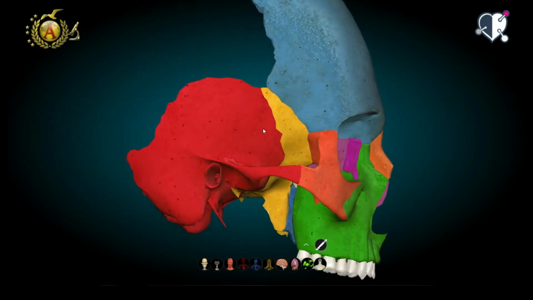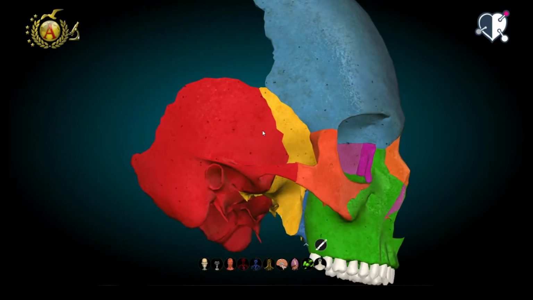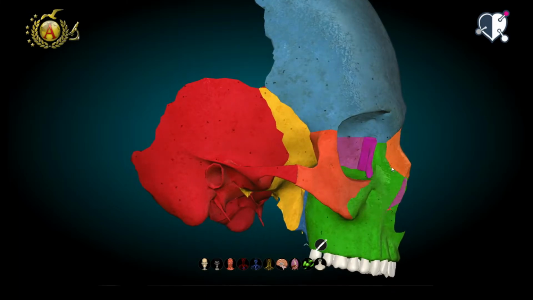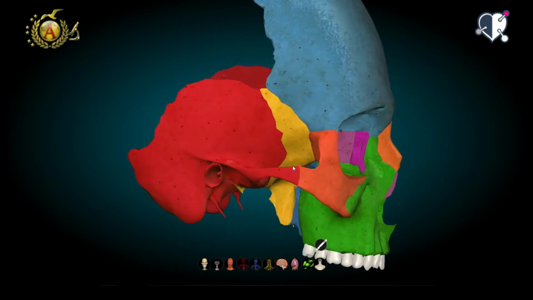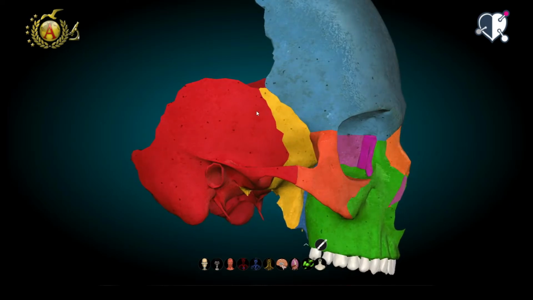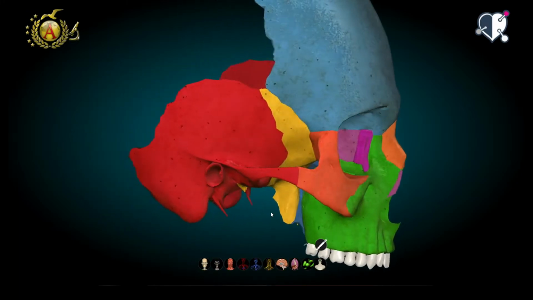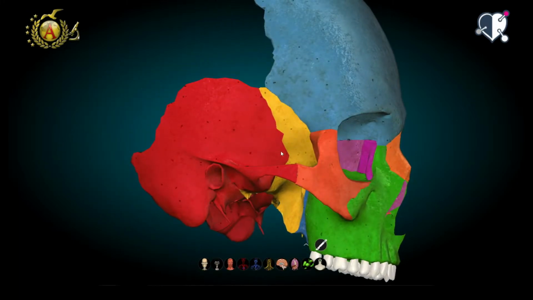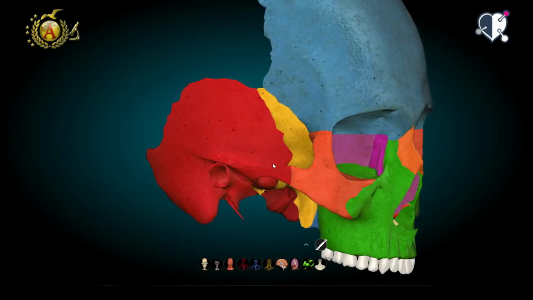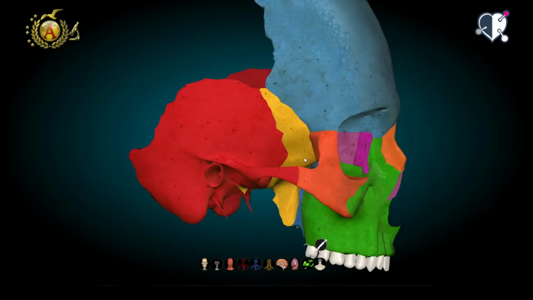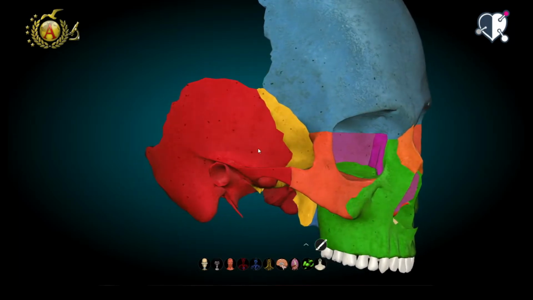To analyze this aspect, some bones of this splanchnocranium have to be included as well. The main structures we can find in this area are the temporal fossa, the infratemporal fossa, and finally the pterygopalatine fossa. But let's start with the temporal fossa, which is the fossa that forms above the zygomatic process. It is a cavity composed of two walls, the medial wall and the anterior wall.